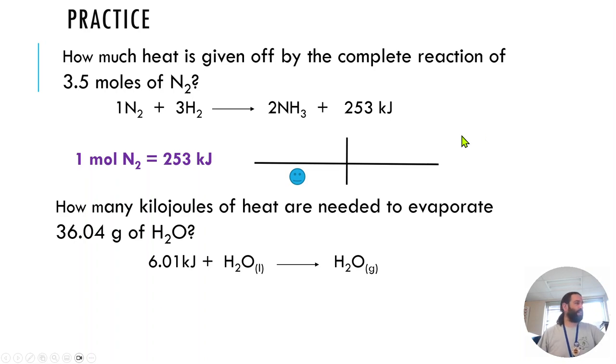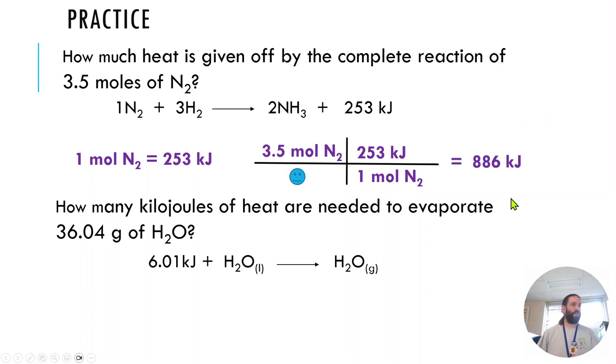We put our smiley face down below and our given up above. Then we just have to plug this conversion factor in here, putting the mole down below and the kilojoules up above, causing the moles to cancel and giving us the unit of kilojoules, which is what heat is. And 3.5 times 253 is 866. The unit is kilojoules. That's your answer, so put a box around it.